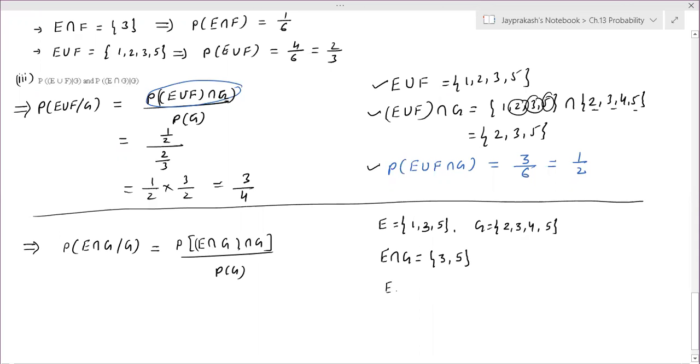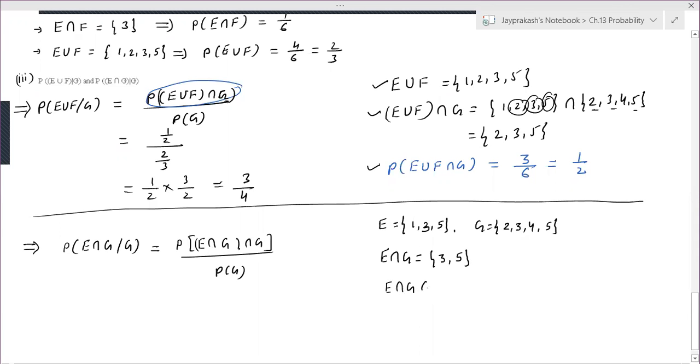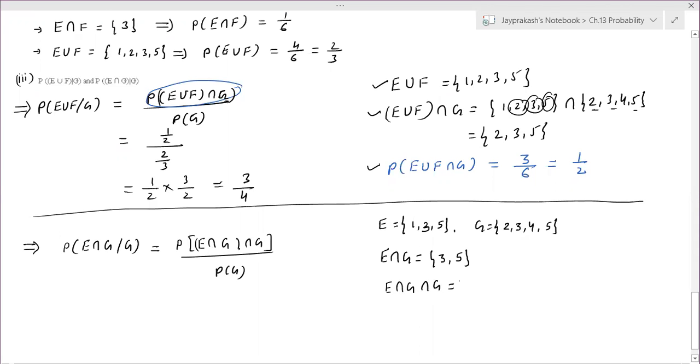Now again we have to find E intersection G again with G, so it has the common elements again 3 and 5.